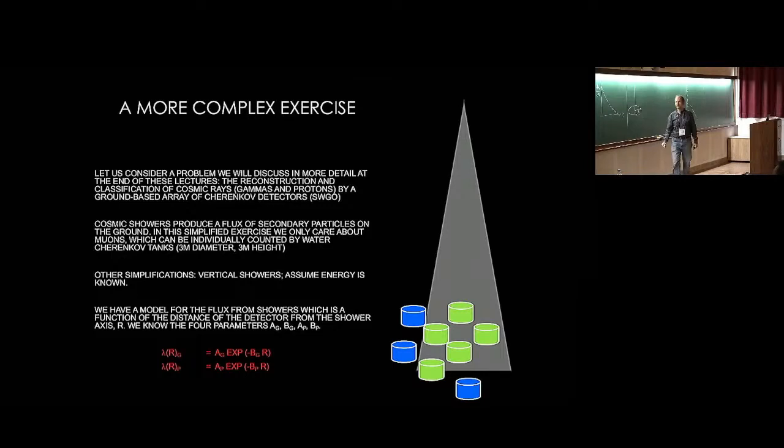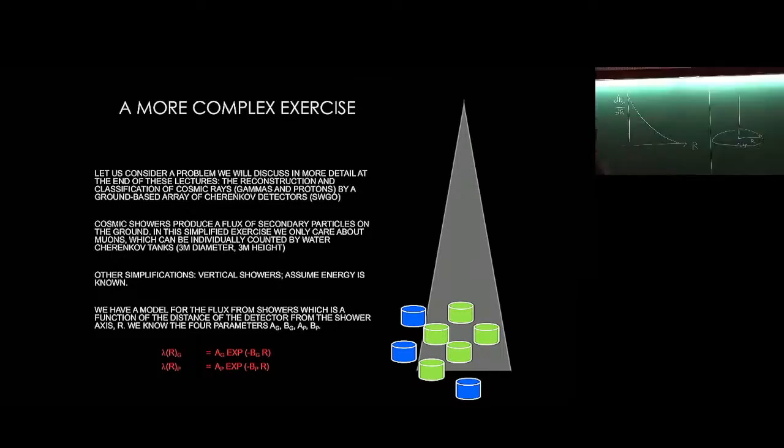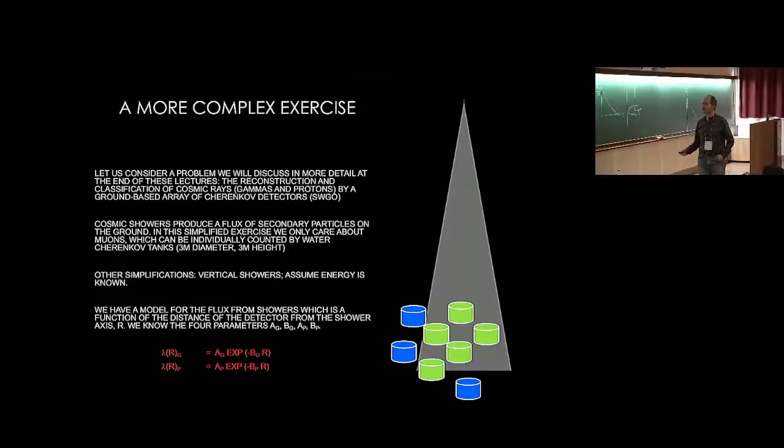All right? So this is the model that you can write for the flux lambda, which I wrote here as dn over dr. I wrote it as lambda because this is a Poisson measurement: the number of particles that you see is a random variable with a Poisson distribution. And this is the number as a function of radius.